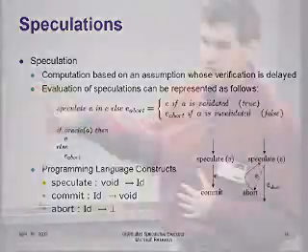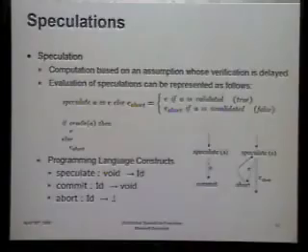Speculate returns an identifier of a speculation. And then we have commit and abort that are called whenever the assumption on which we base our computation is either validated or invalidated. They take the identifier of a speculation, and commit doesn't do anything. It just returns void. Whereas abort doesn't really have a return type, because what it does for you is just roll back the computation and start executing the abort branch. So it's like it never happened.